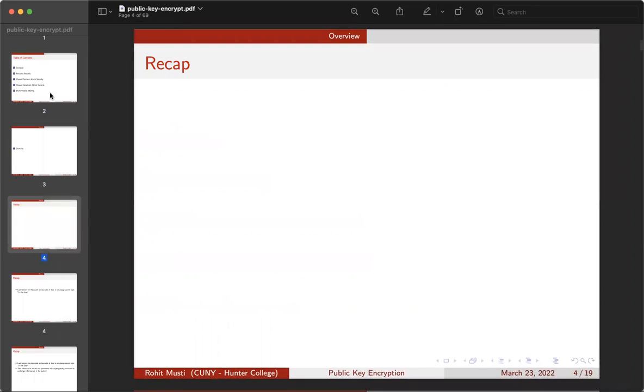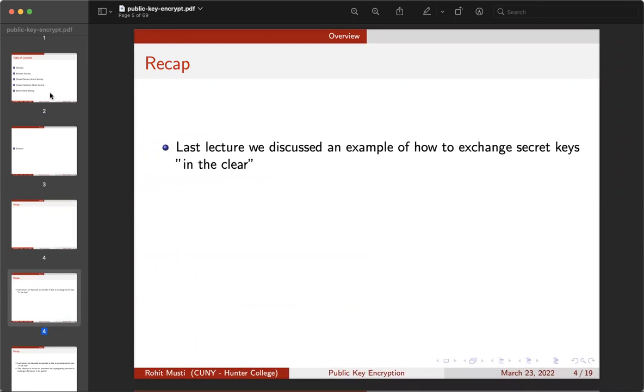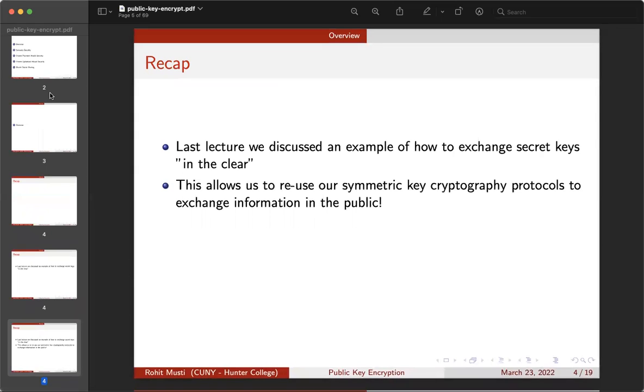Great. So overview. As a recap, the last time we had lecture together, we discussed an example of how we can share secret keys, quote unquote, in the clear using trapdoor functions. This potentially allows us to reuse our symmetric key cryptography protocols to exchange information in public.